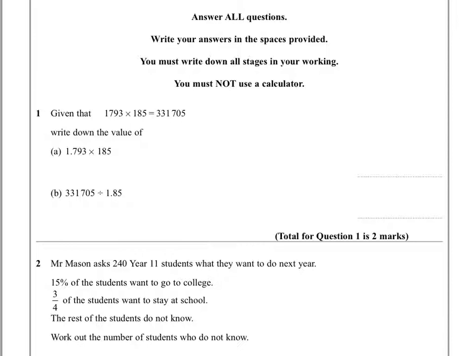Well, if we were actually multiplying this together, keep in mind this is a non-calculator paper, we'd have 185.000, and we'd add that zero artificially, and we would multiply that by 1.793, and the answer we get would be similar to the number above, of course, as we know the numbers are very similar. So let's say, for argument's sake, we'll just write it down, it's that.